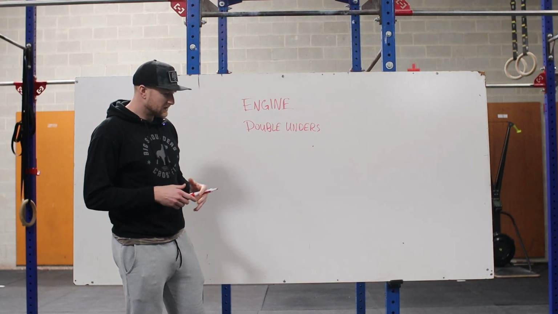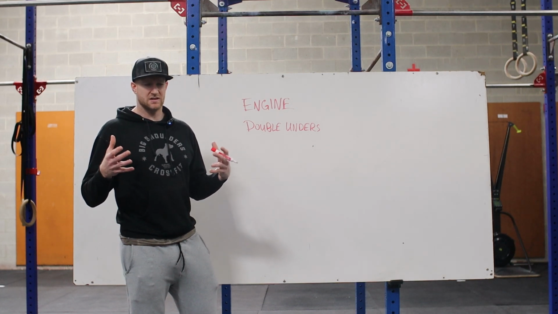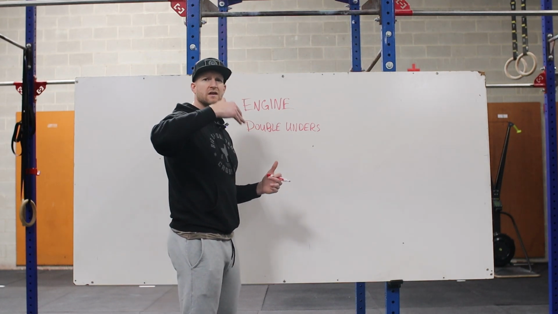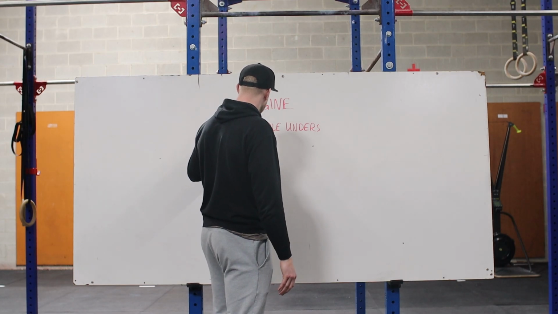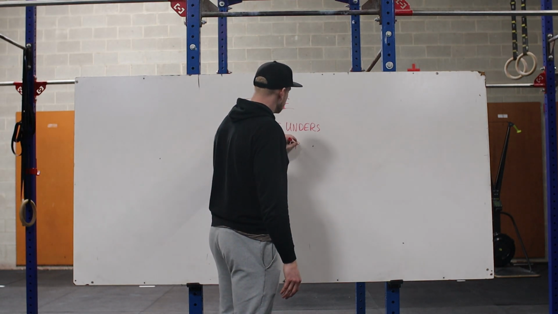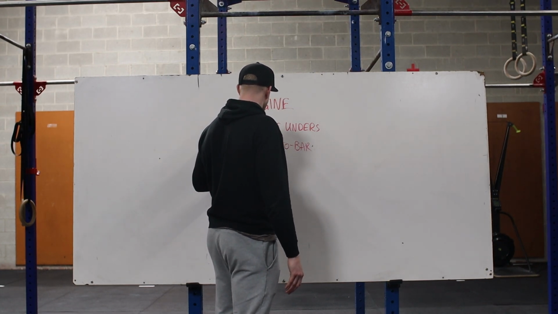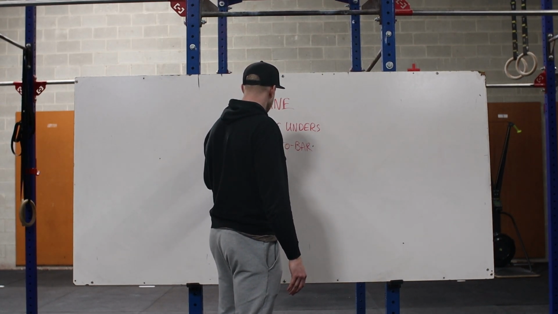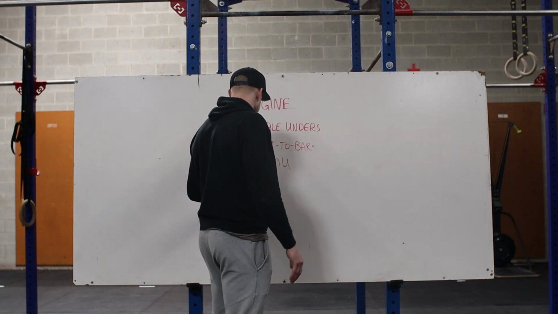Then we've got 24.3, some of those higher level skills. So still engine, everything was important for that, but we had chest to bar pull-ups, and then bar muscle-ups. And then we finally had a little bit heavier weight on thrusters.